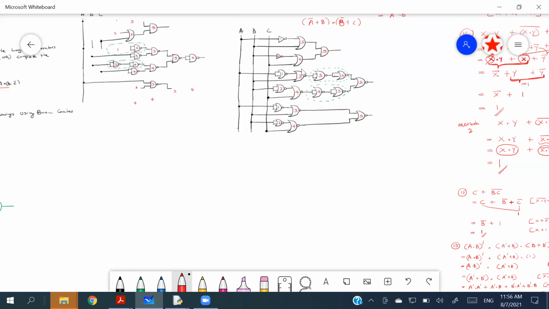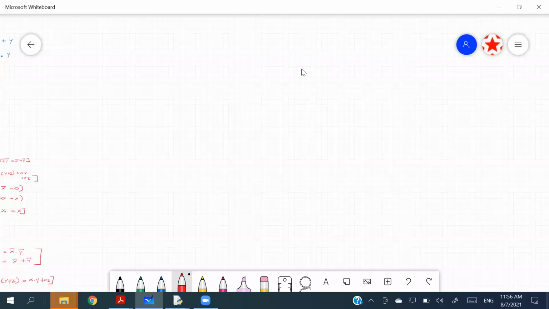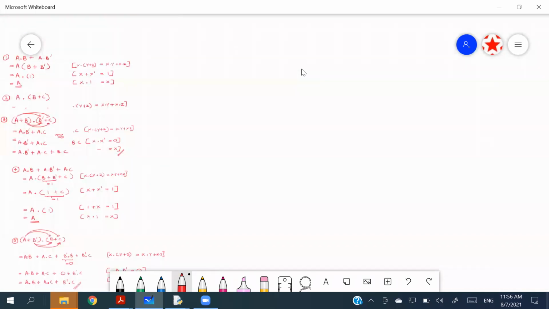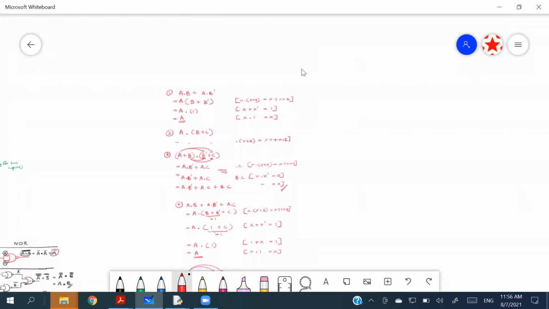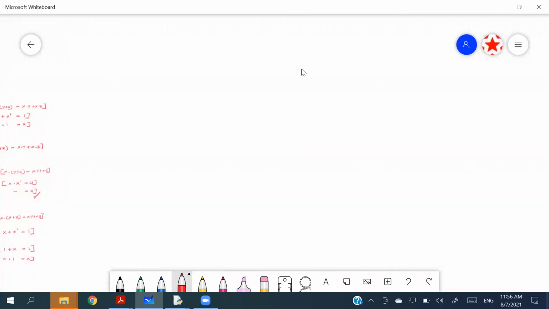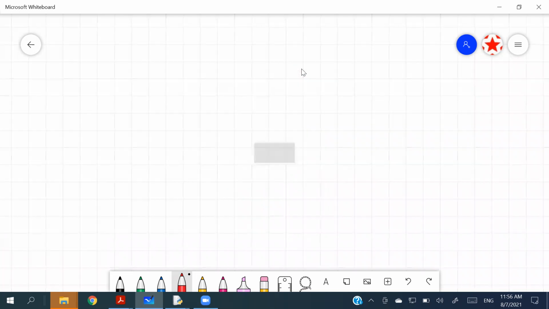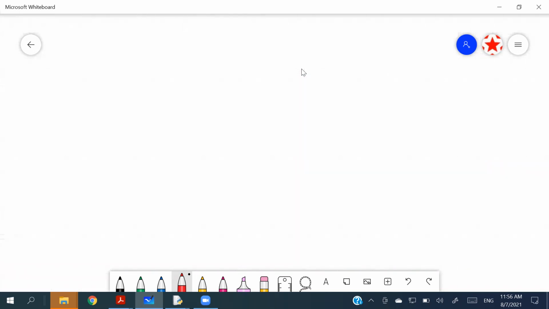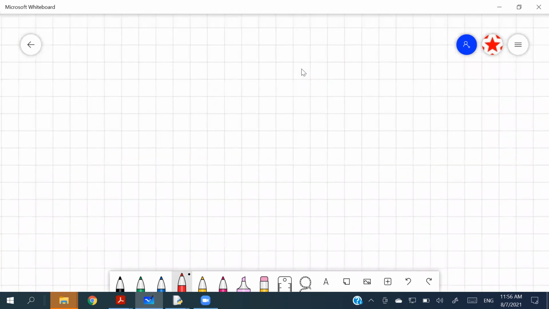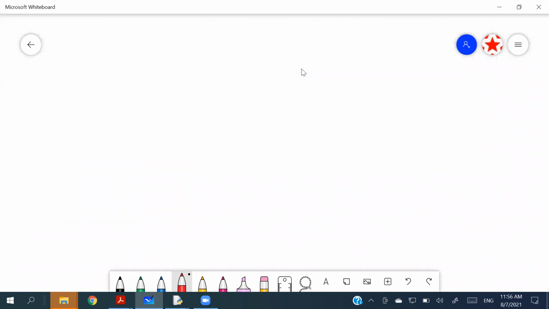Now, what are these standard expressions? Okay, let's discuss. In Boolean algebra, we have two types of standard expressions, which are called SOPs and POSs. Some new terms, right? SOP and POS. So I'll tell you what SOP and POS are.